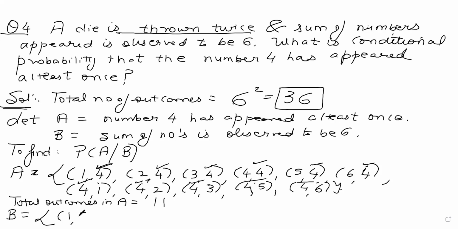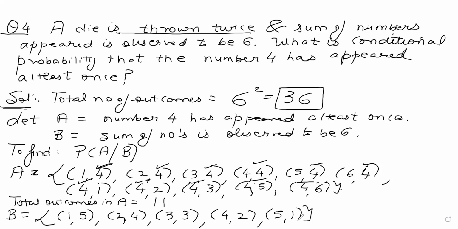So 1 plus 5 is 6, 2 plus 4 is 6, 3 plus 3 is 6. Since I have 2 4, I can also have 4 2. Since I have 1 5, I can also have 5 1. Total outcomes in B are 1 2 3 4 5.